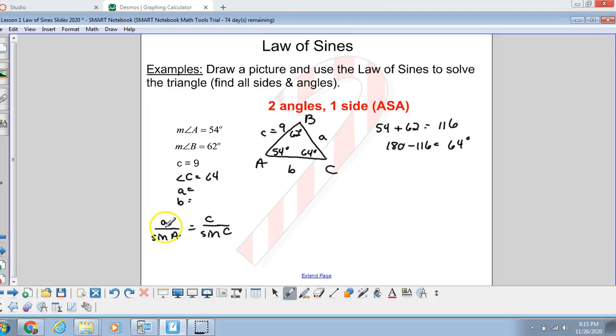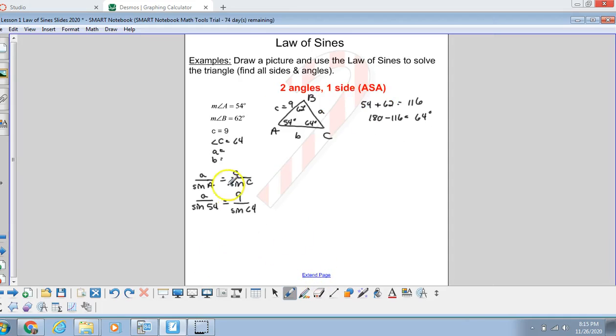It's all good. Okay, so a is what we are trying to find over sine of angle A, which is 54, equals c, which is 9. Be careful when you write your 9s. Sometimes students write 9s and a's. They look very similar. And sine of angle C is 64. Okay, so again, we have a proportion.